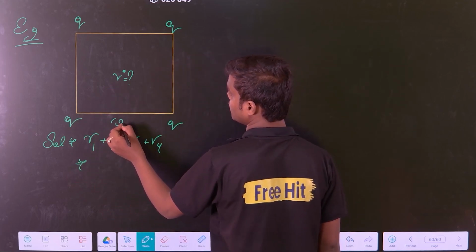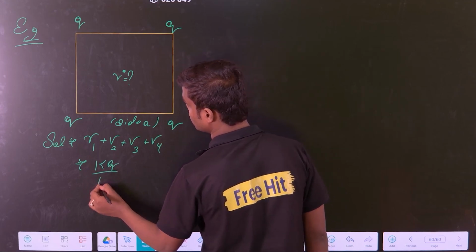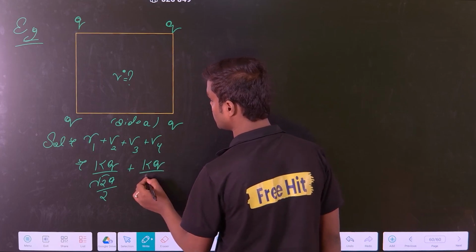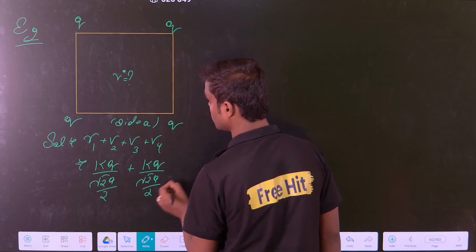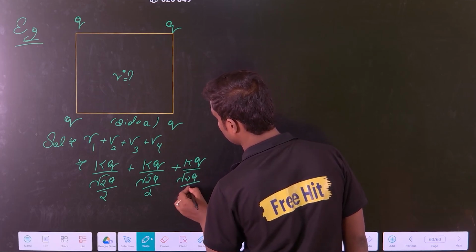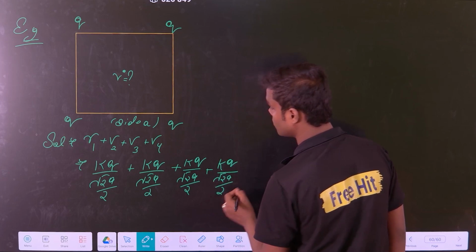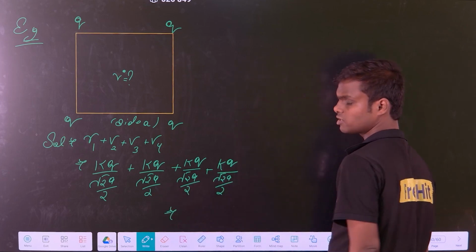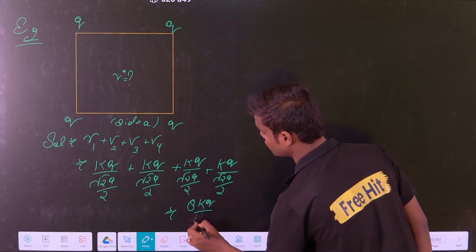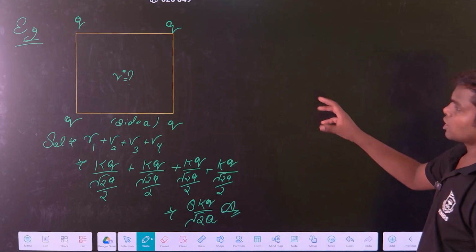The side is A, it is a square, so K Q by root 2 A by 2, plus K Q by root 2 A by 2, plus K Q by root 2 A by 2, plus K Q by root 2 A by 2. You will get 8 K Q by, simple answer.